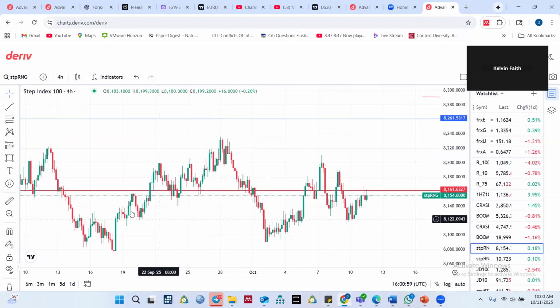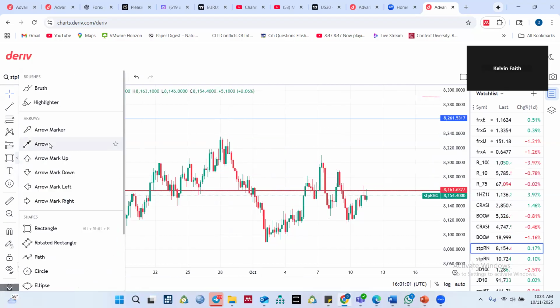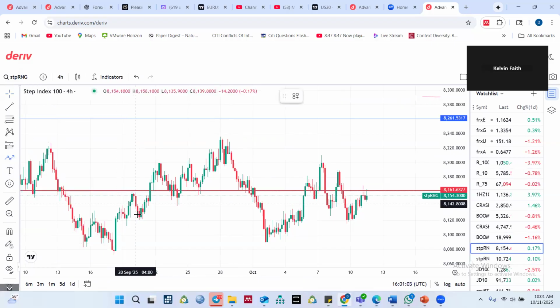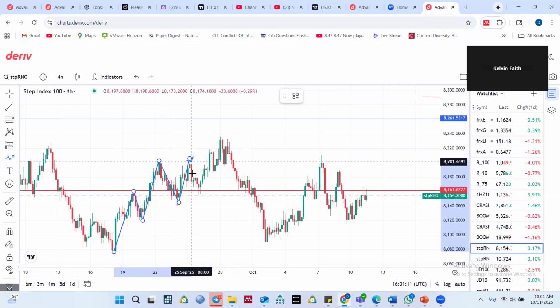Good. So if I want to look at it this way, we have high, low, higher high, lower high, equal highs, lower high, higher high, lower high, higher high. So at what point are we going to say there is a break of structure?